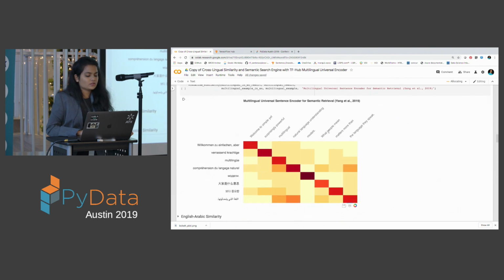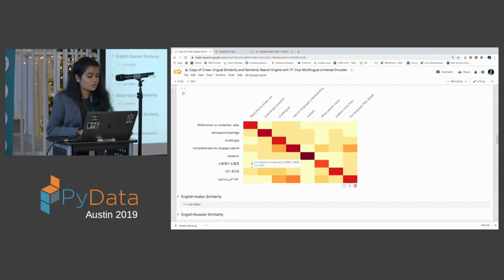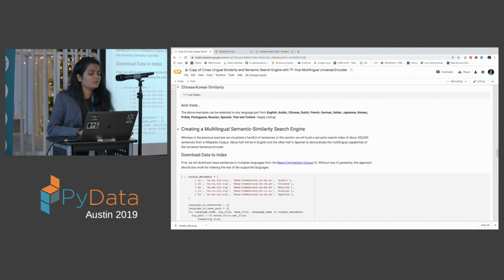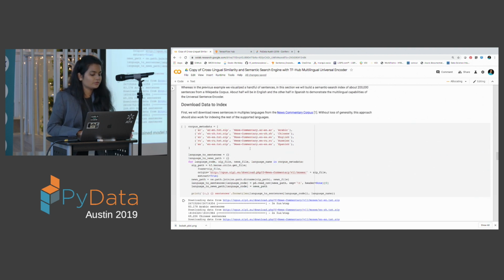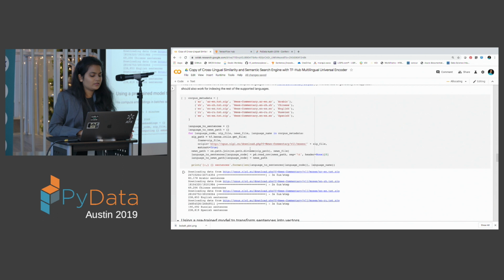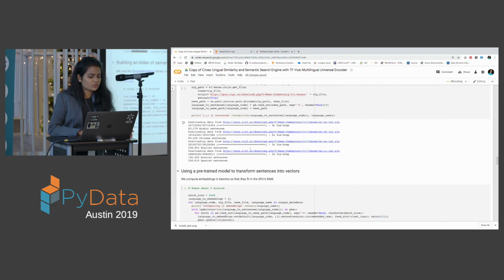And then you can just very clearly see the similarity between these sentences is extremely high when they correlate, and very low when they don't correlate. There's also an example of creating a multilingual semantic similarity search engine within this Colab notebook. I would highly encourage you to take a look into it. This is basically, they download data from a news source.